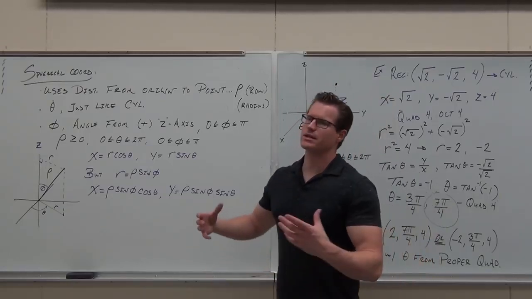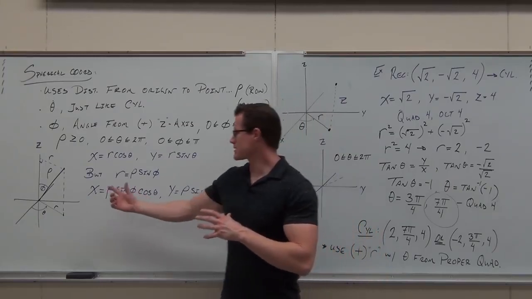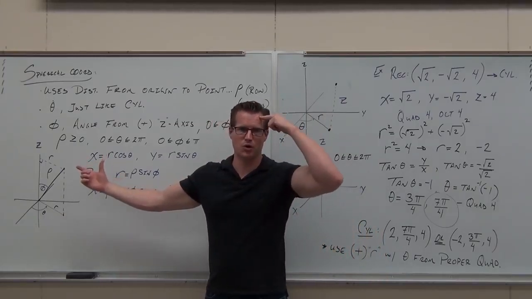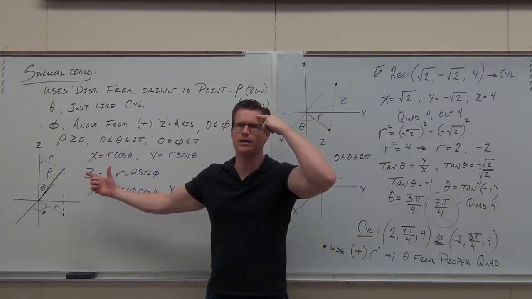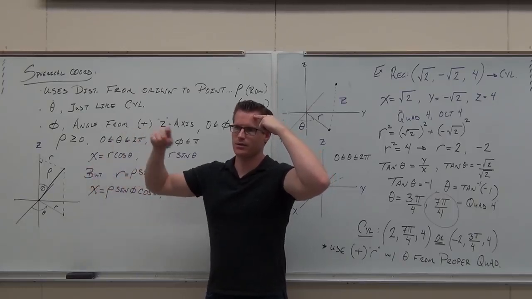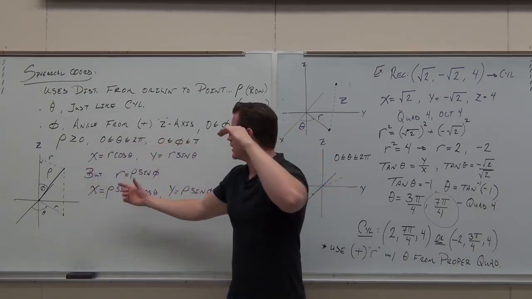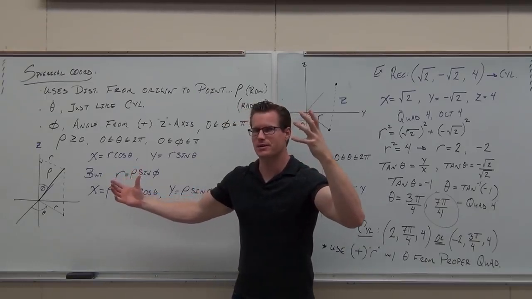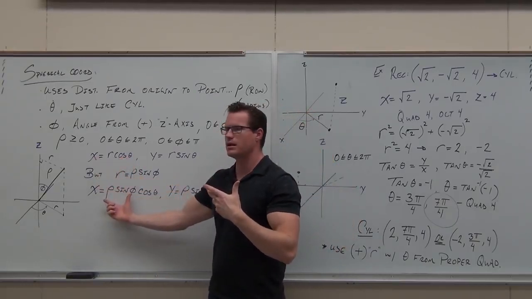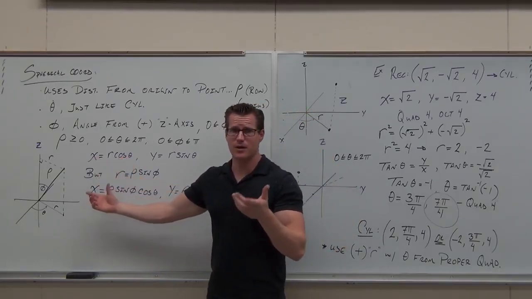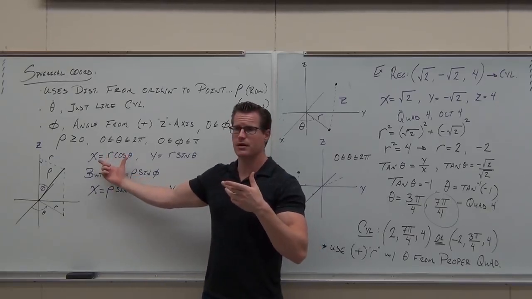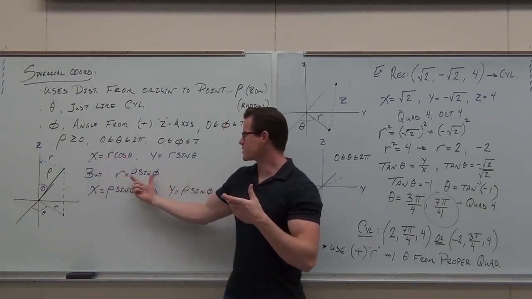But here's how I always think about it. I think about x as r cosine theta because that's like burned into my head and I can't get rid of it, all right? You can't unsee things. That's in my head. This one's not. So when I think about x, I think about r cosine theta. And I go, well, what's r? R is the rho sine phi.